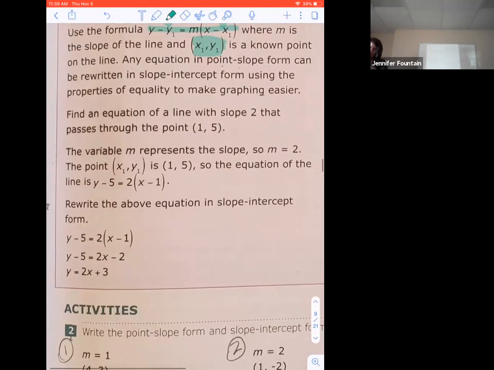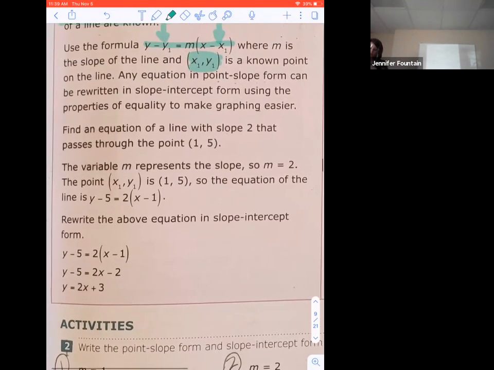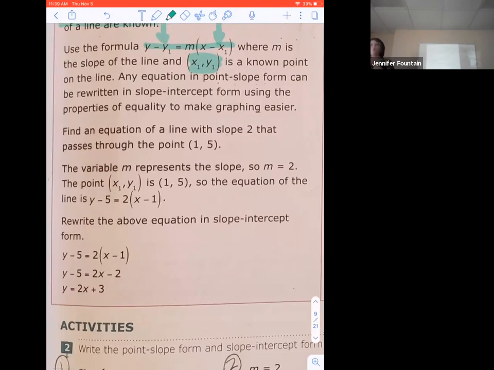It says find an equation of a line with the slope 2 that passes through the point (1, 5). Okay, so the first thing I'm going to do is use the equation y minus y1 equals m times x minus x1.